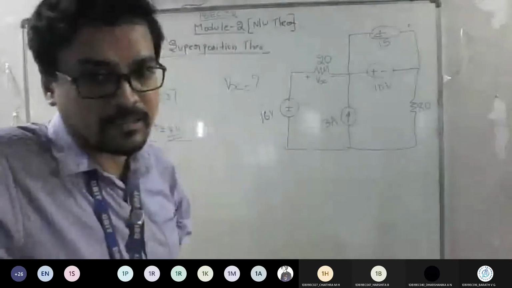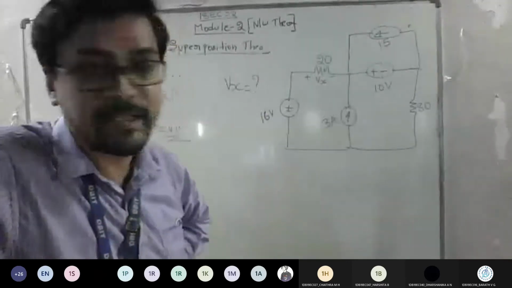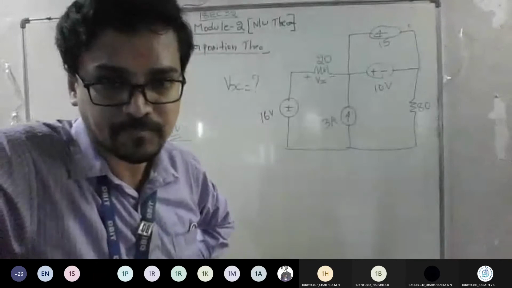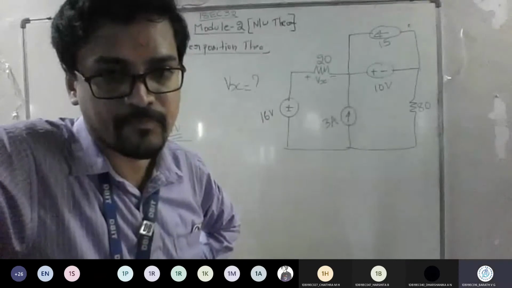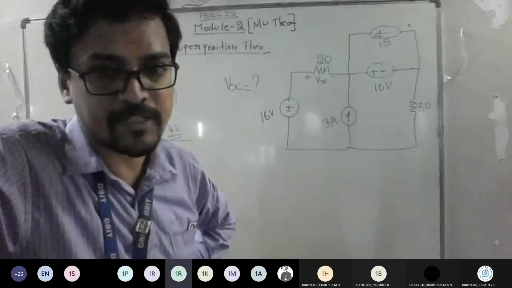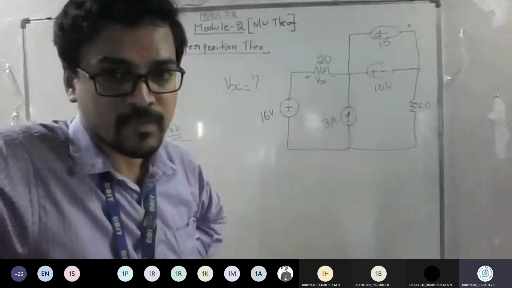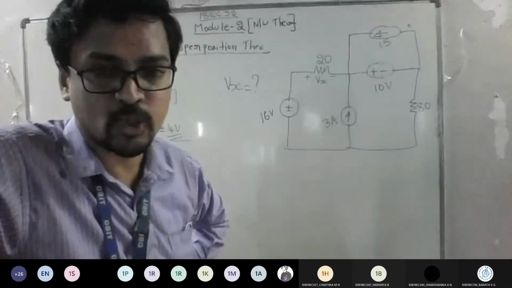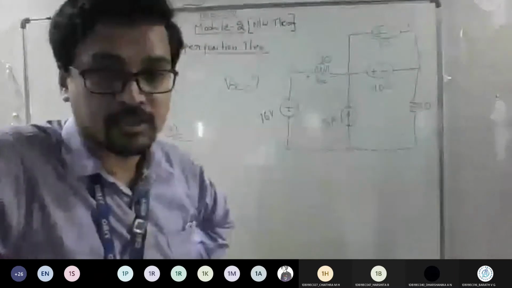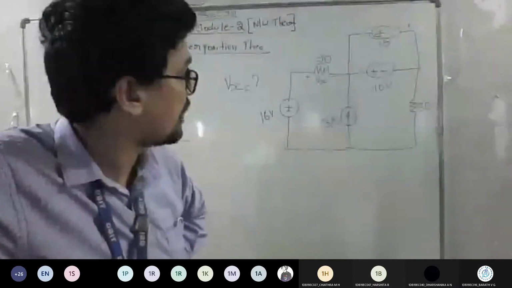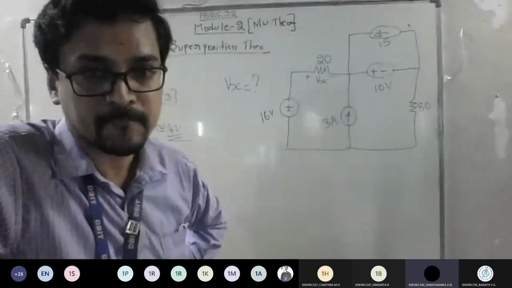Next, you can apply the superposition theorem easily. How many sources do you have? 4. Out of which how many current and how many voltage? 2 current and 2 voltage sources. Very good. So how many cases do you have to find now? 4 cases. Very good.